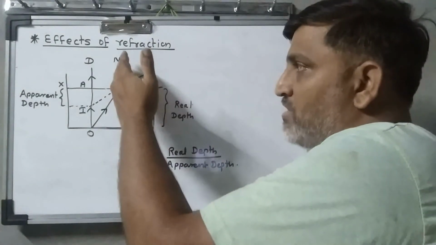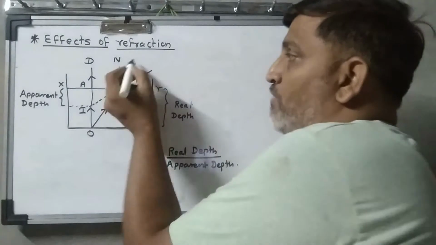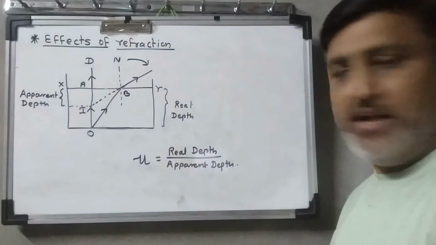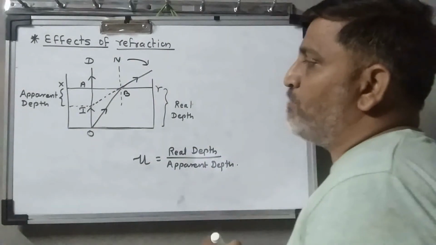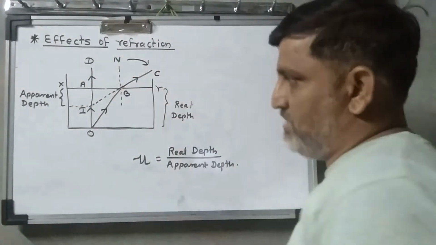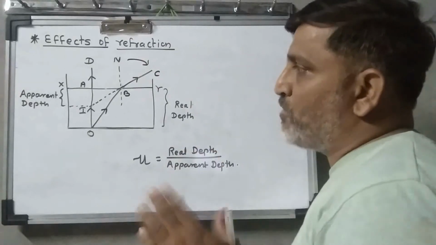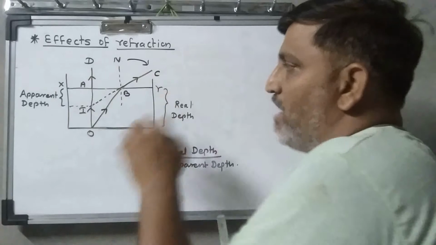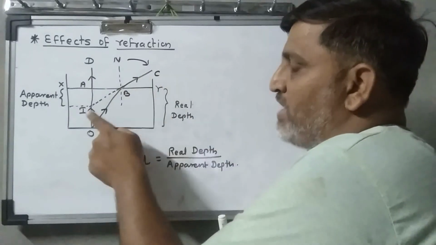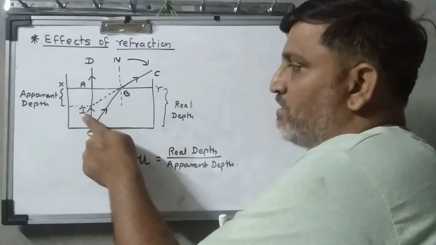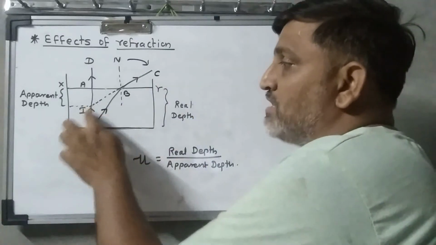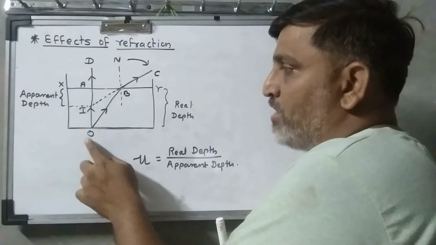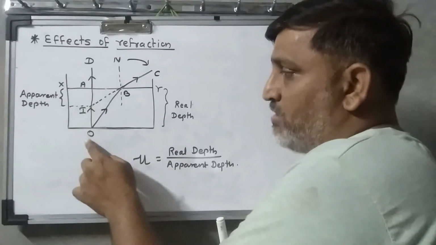After refraction, the refracted ray turns away from the normal, a rule we also studied earlier. So it passes along the path BC. Now if I back produce both refracted rays, AD and BC, they meet at a point I, which is the image of the object O.